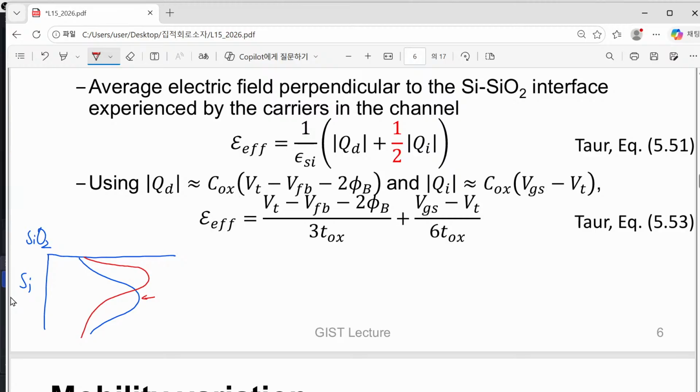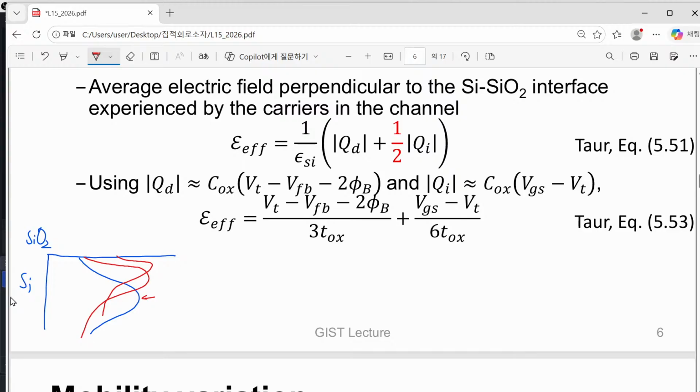Then what will happen? Now this electron gas will feel much more of the surface roughness, and if it approaches the silicon dioxide further and further, it strongly feels that, oh, the surface is so rough and I cannot move quite smoothly.